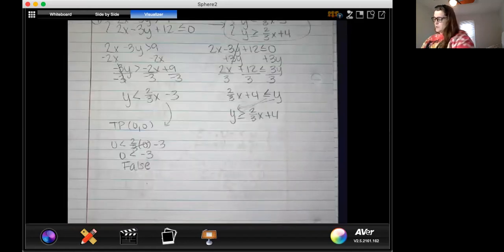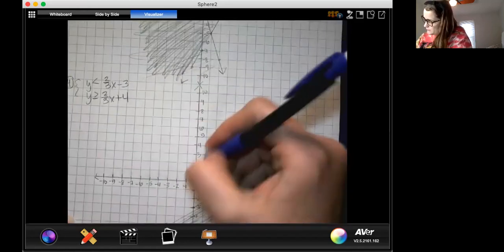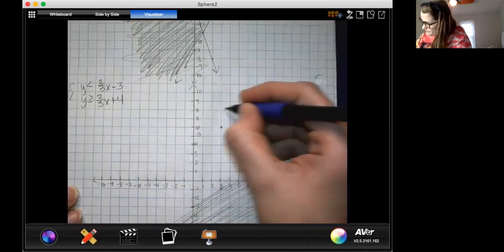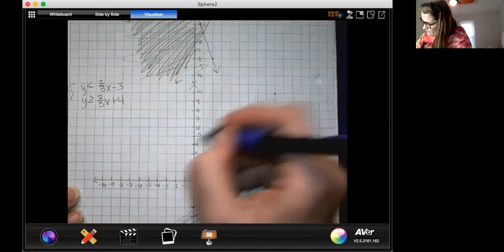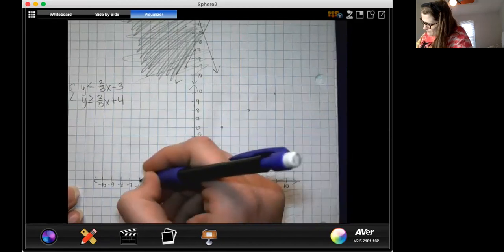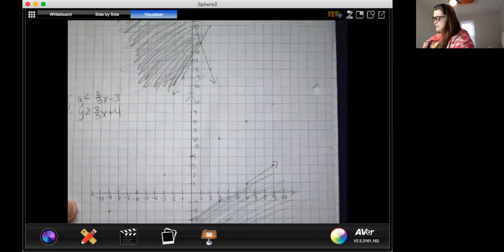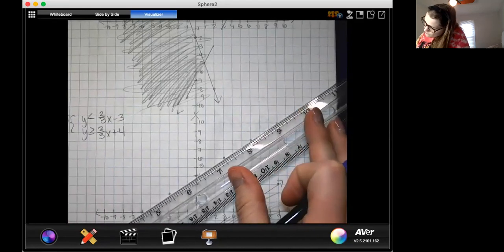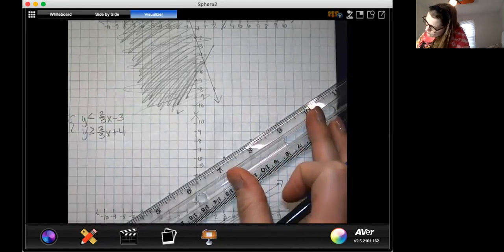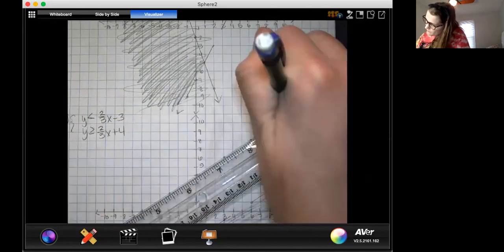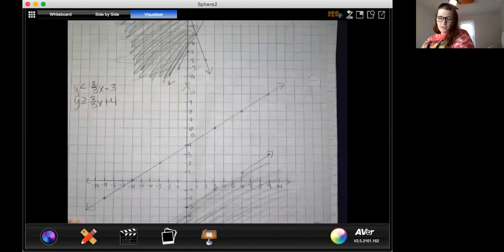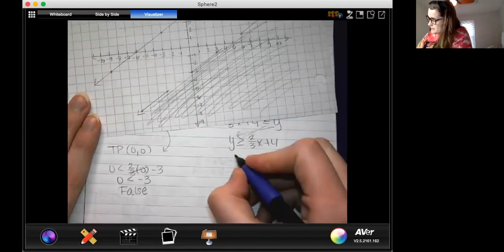Okay, now I'm going to do my second one. 0, 4, slope is 2/3. This one is solid. 0, 0 is clearly on one side of the line, so I can test 0, 0.